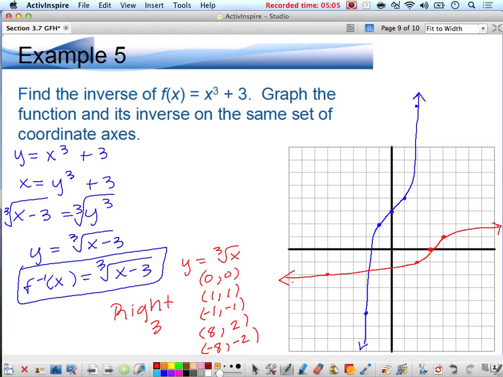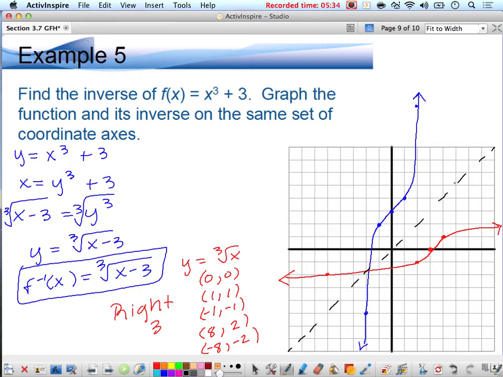Okay. Take a look at the line that runs through y = x. That's this line right here. Do you see how if I folded those, they would match up perfectly? That's what that means. If you graph inverses, you could always fold them along that diagonal line where y equals just x, where it goes through (1, 1), (2, 2), (3, 3), (4, 4), (5, 5), and so on.